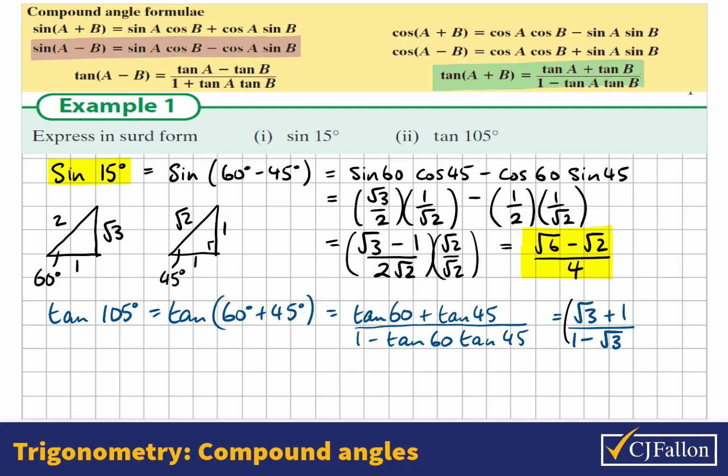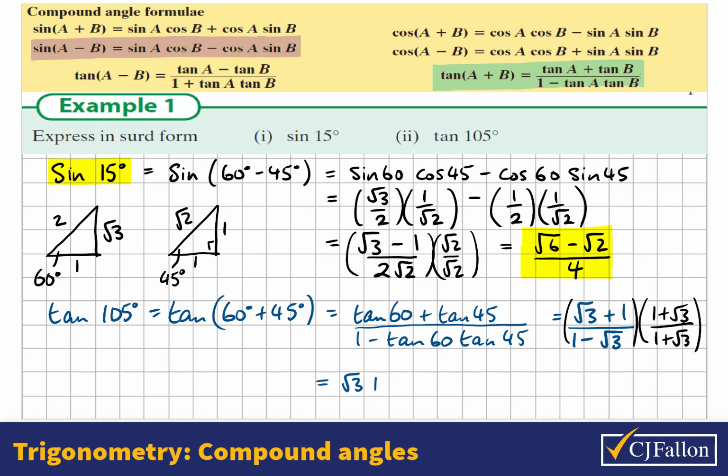So the rule here is we multiply above and below by the conjugate of the denominator. So that's 1 plus root 3. We're effectively just multiplying by 1, so the number is the same, but it's expressed differently. So just expanding this, we have root 3 by 1 is root 3.